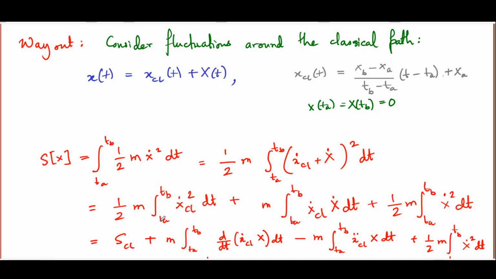Half m integral from ta to tb of x dot classical whole squared, integrated over time, which of course is nothing but the classical action, or the action for the classical path, to be more precise. We get a cross term here, m integral from ta to tb of x dot classical times capital X dot with respect to time. And finally, we have a term which looks like our original action, but small x has been replaced by capital X dot here.